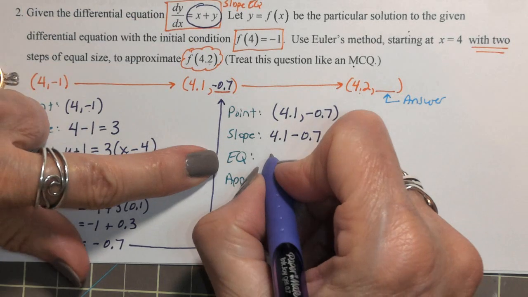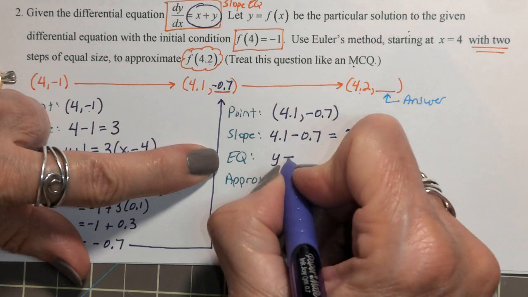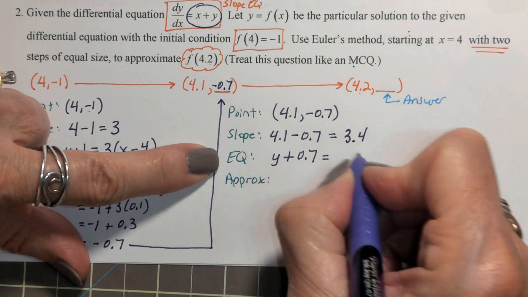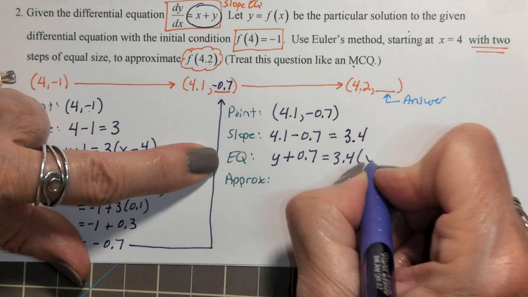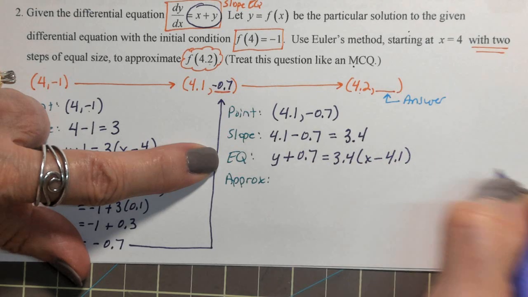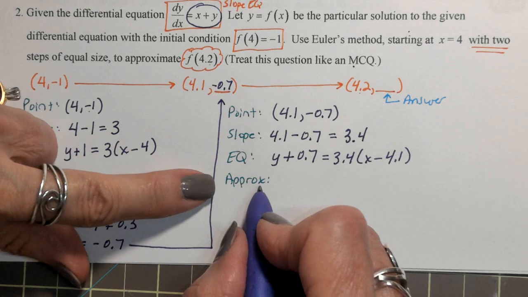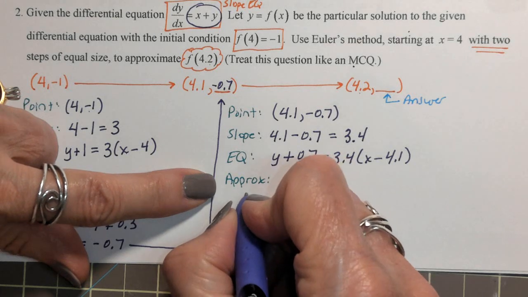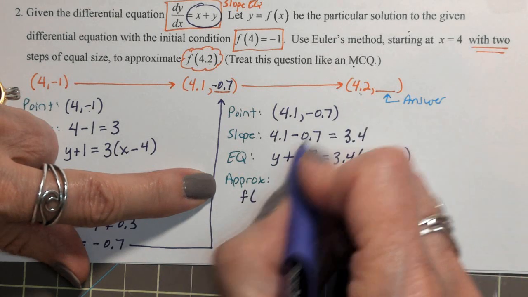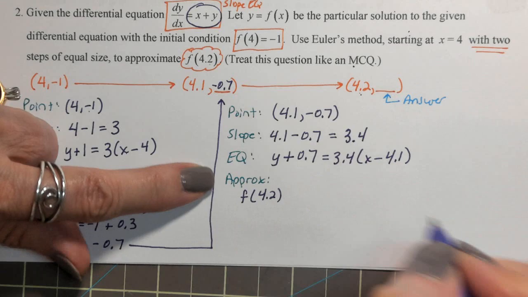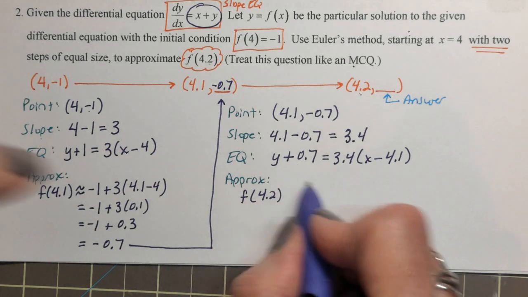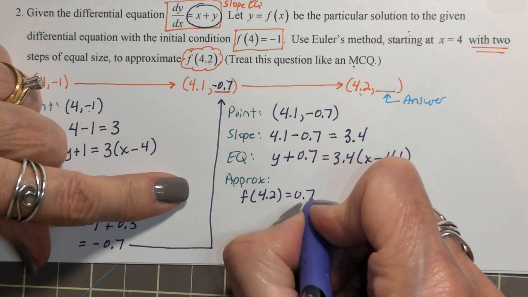Okay, so our equation, y minus the y coordinate of our point is equal to our slope times x minus the x coordinate of our point. Lastly, the approximation. We are approximating f at 4.2, so we're going to put 4.2 in for x. I subtract the 0.7 to the other side.